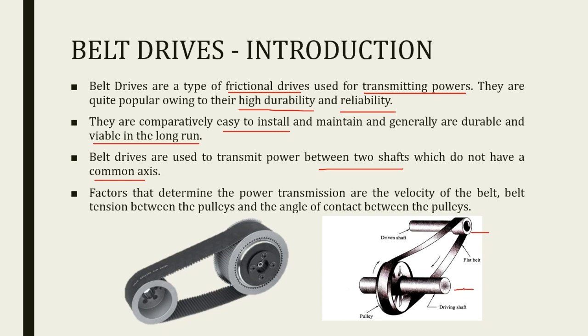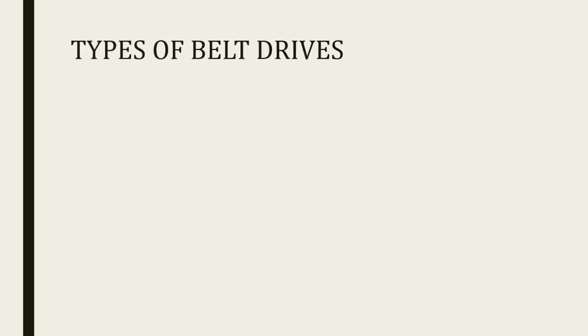When they have a different axis, then if you want to transmit the power from one shaft to another, you can easily do it with the help of the belt drives. Factors that determine the power transmission are the velocity of the belt, the tension between the pulleys, and the angle of contact between the pulleys. These are the important factors that determine how exactly power can be transmitted between two pulleys using a belt drive. So this is about the introduction of the belt drives.